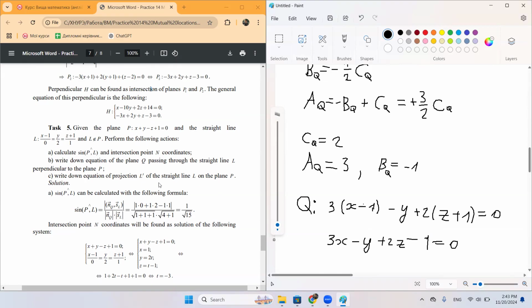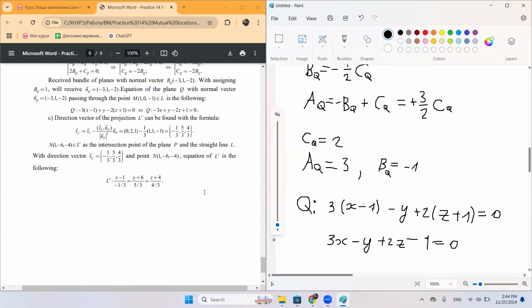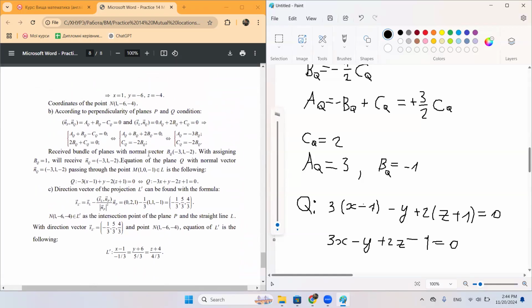And the next, we need to write down the equation of the projection L prime of the straight line onto the plane P. We are running out of time, so I will just show you how it's calculated, and you have this material. We need to find the direction vector of the projection.